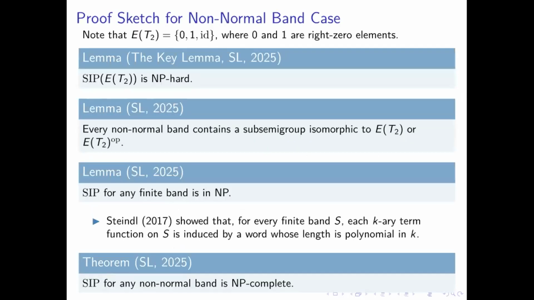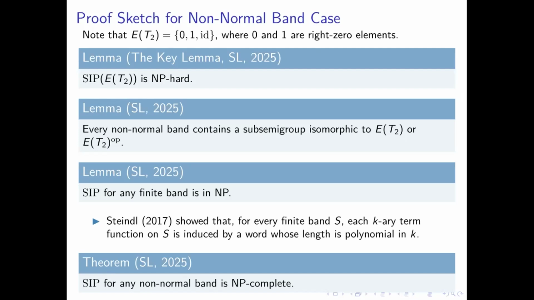And for the non-normal band case, that's actually where I think it's more interesting. To show that SIP of S is NP-complete, we had to show, for non-normal bands, that SIP for E of T2 is NP-hard.